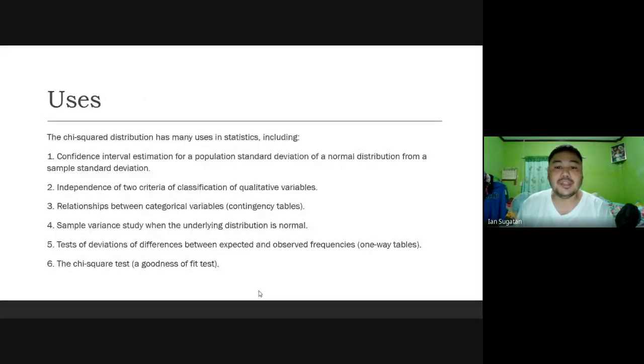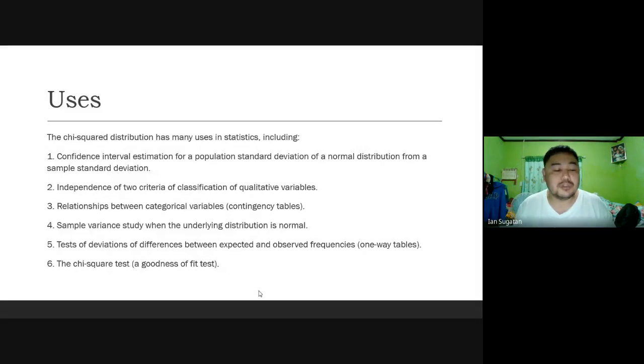So backup files within the table. So those are the contingency table. When you speak about relationship between categorical variable, these are the assigned relationship within sa isa ka criteria sa variable in place ninyo sa databases.